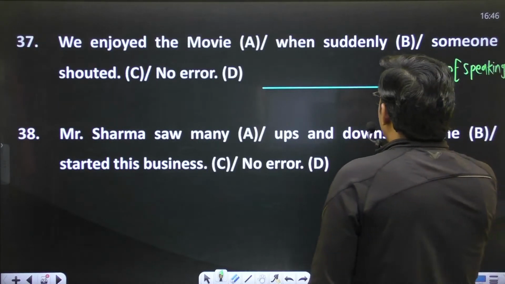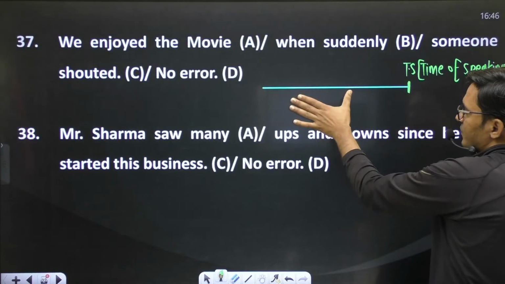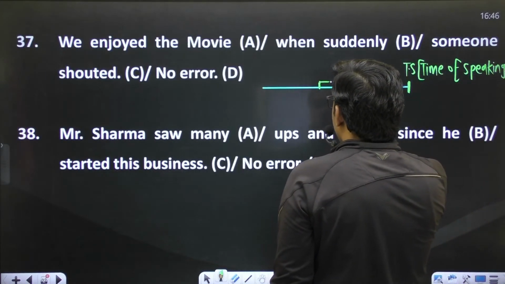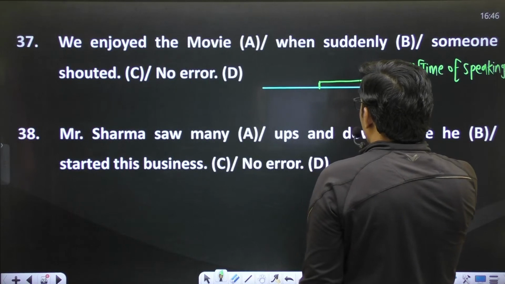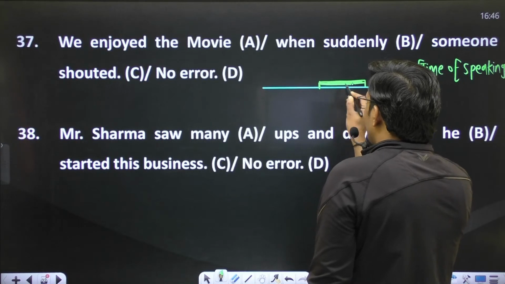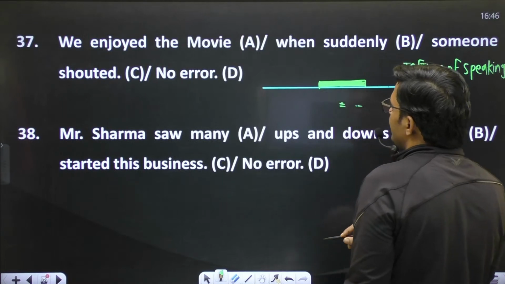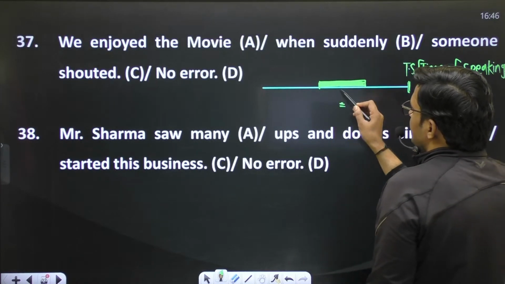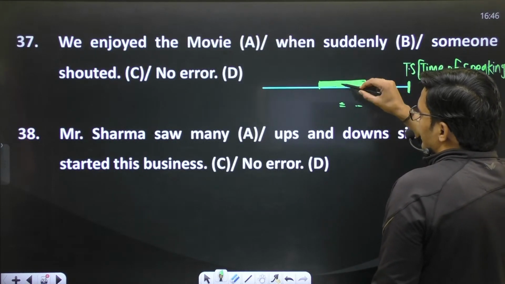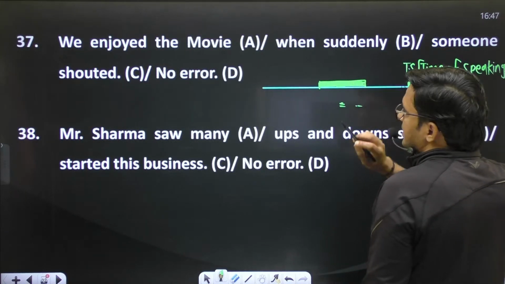This is the concept, and as I said, this is the TS, time of speaking, and before this point you have this entire past. Just suppose in the past an action was going on, one activity was going on. To show a background action, we use past continuous tense. And if you have another action which interferes with this action that was going on, it demands past indefinite tense.